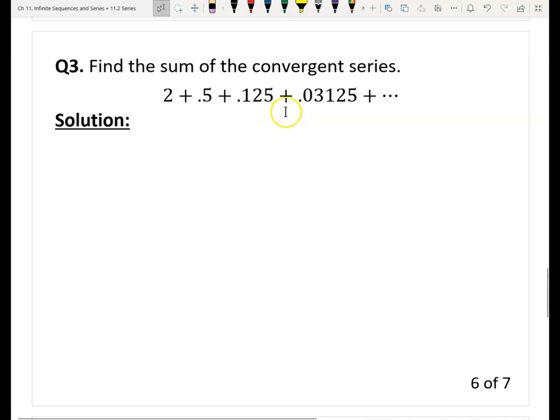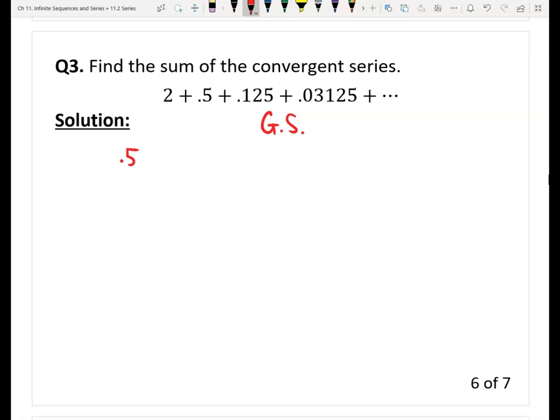Do you think this is a geometric series? Yes. Okay, let me show here. I say yes. This is just a geometric series. Why? Let's verify. So we check the ratio. What is the ratio?